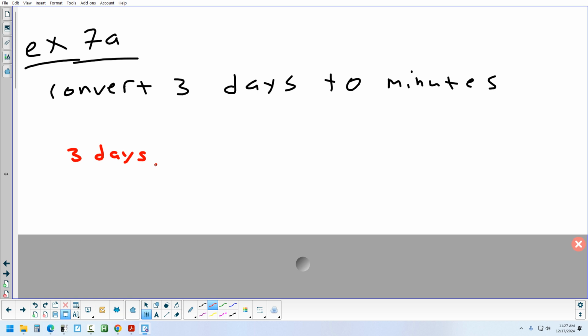What's the next time unit that's down from a day, getting towards minutes? Yep. Hours. We want days to cancel out because ultimately we want to get minutes. Where would days go in this second fraction? It would have to go in the bottom. Yep. So I'm going to put days in the bottom. And what unit would go in the top? Hours.